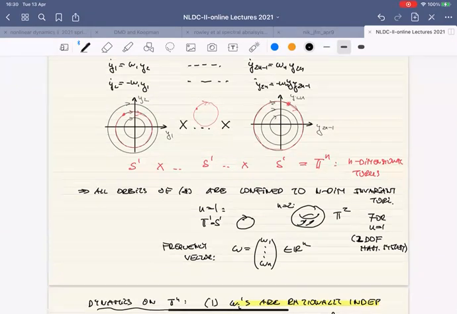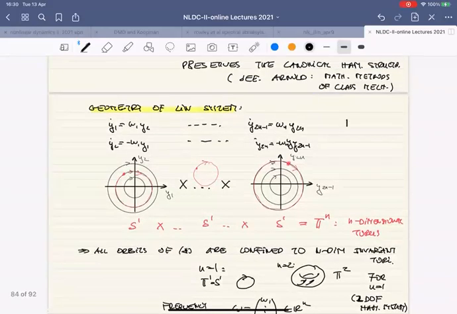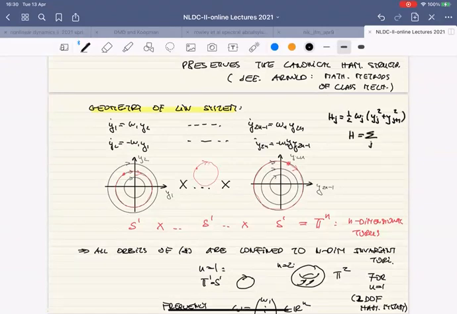So the hj, if I'm not mistaken, equals 1/2 omega j times yj squared plus y(j+1) squared. And the full Hamiltonian is just the sum of these.